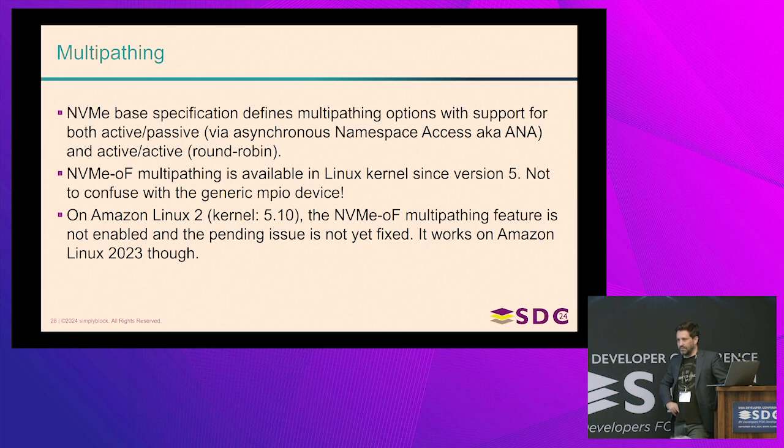When you're talking about multipathing, are you talking about multipathing that you're exposing to the initiators that are using you, or multipathing that you're using to talk to the NVMe devices? Yeah. So the question is, are we talking about internal multipathing in our cluster, or multipathing facing the client?